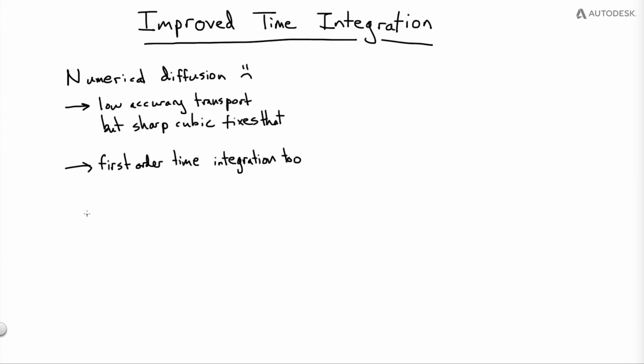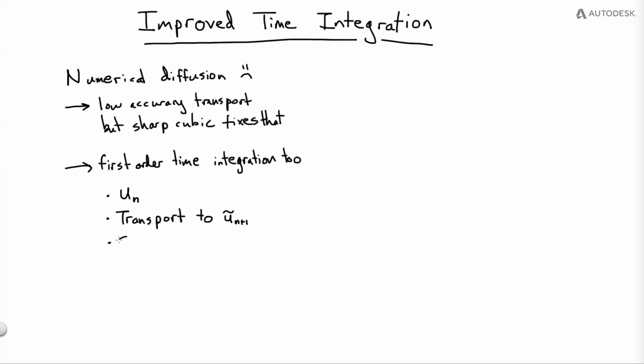The simplest solver, like the first-order solver, looks basically something like this. We start with the velocity at time n. We transport it and other fluids like fog or temperature or whatever to the new time. But since we only do transport and don't do the other physics, this is just going to be u tilde n plus 1.